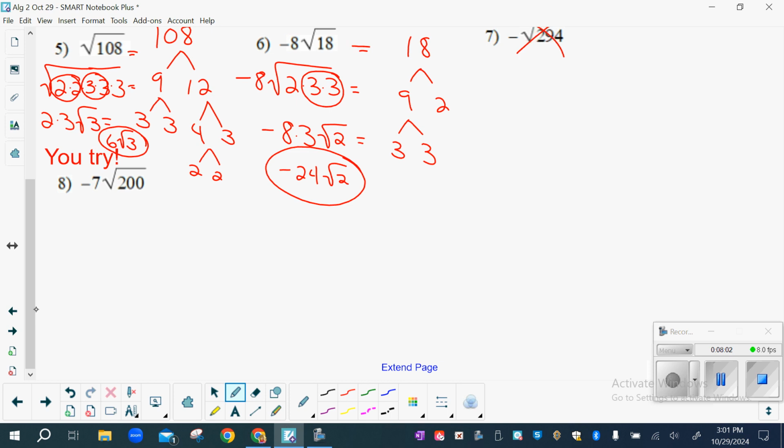You got 7. No, it's 10 and then the square root 2. Negative 17. Break down the 225. Break that 25 down to 5. Break that 8 down to 2. Break that 4 down into 2.